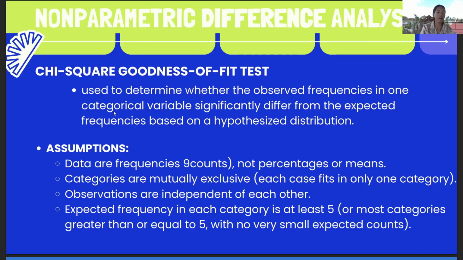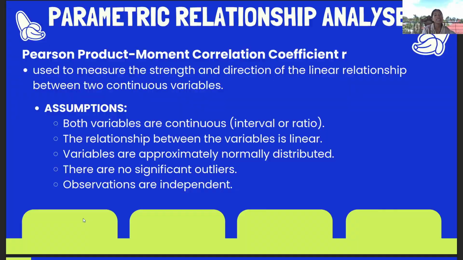Its assumptions are data are frequencies or counts, not percentages or means. Categories are mutually exclusive. Each case fits in only one category, and observations are independent of each other. And the expected frequency in each category is at least 5, or most categories are greater than or equal to 5, with no very small expected counts.